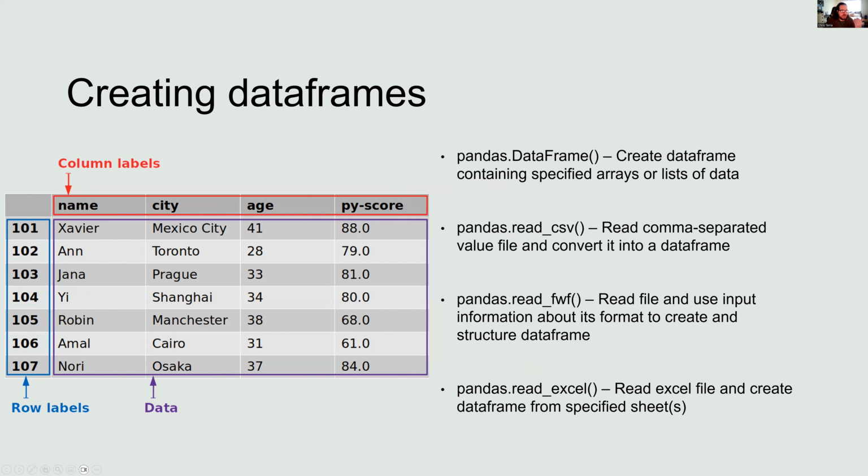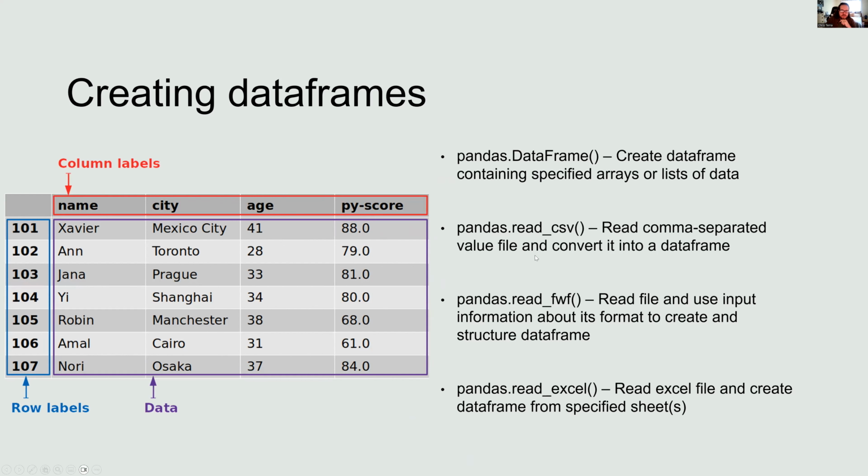And then your data within each point, right? If you have some specified NumPy arrays or lists that you want to build into a data frame, you have the standard pandas.DataFrame function, which allows you to specify what data you want to throw in, specify the labels, all good.